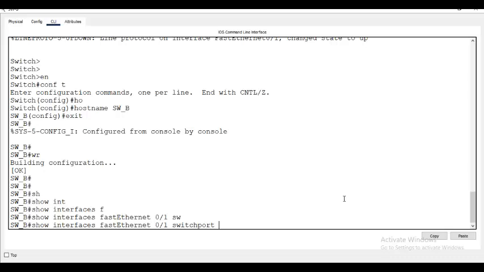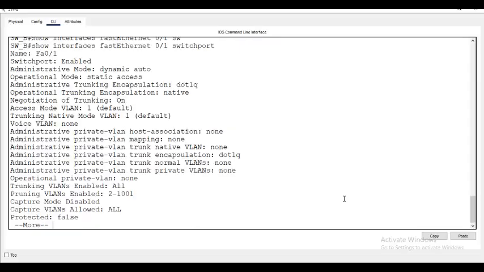Administrative mode is auto. By default, all the switch ports are no shut, means up, enabled. Administrative mode is auto. Operational mode is access. What is this word static? We did not do anything static.